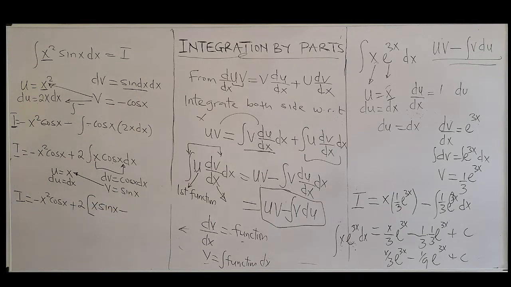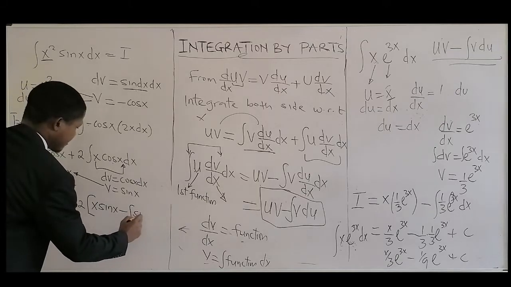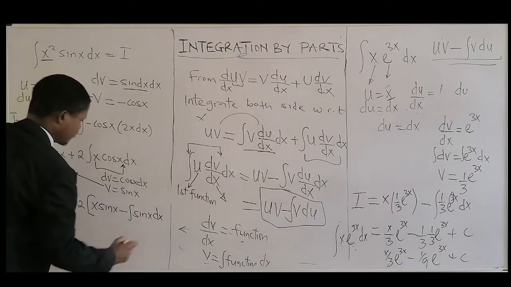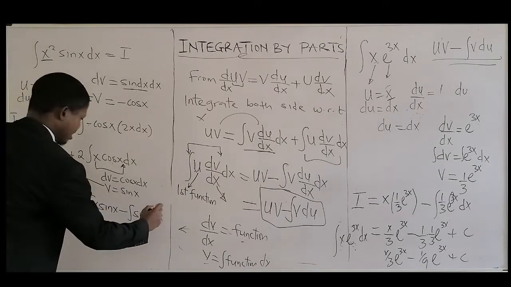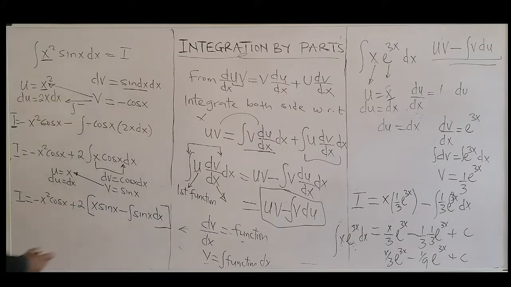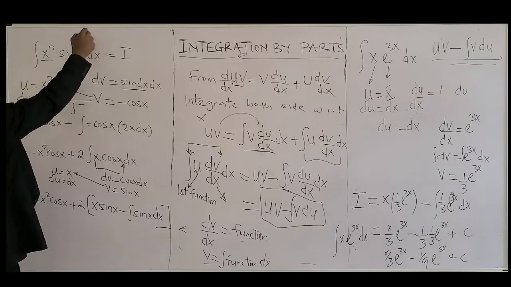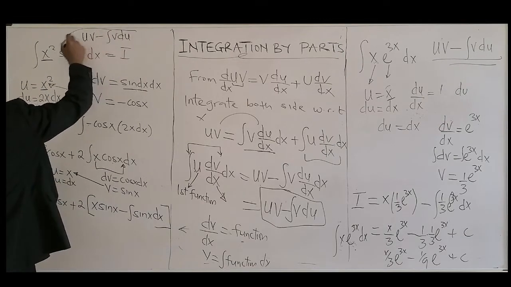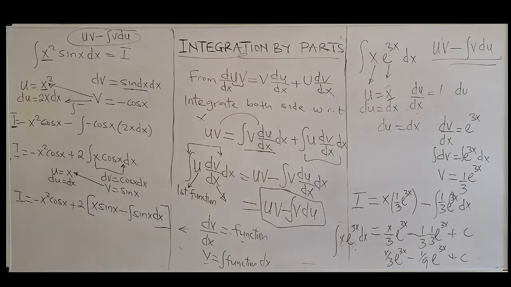Then minus the integral of v du, which is sin x times du, du is dx. So you can close your brackets. And don't forget the formula we are using: uv minus the integral of v du. That's what I'm using here for integration by parts.